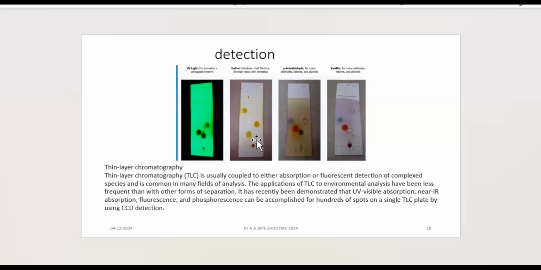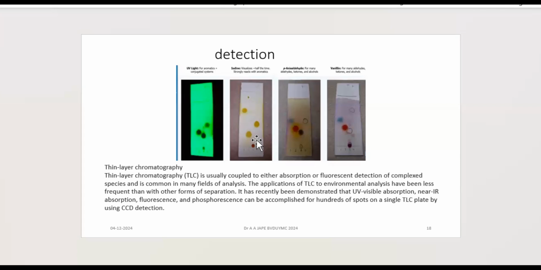And when it comes to off-plate quantification, it may be carried out where you scrape off the spot, and without mixing it with the surrounding stationary phase, you have to just pick up that spot and elute it out in a suitable solvent system and perform the analytical test to identify the analyte.